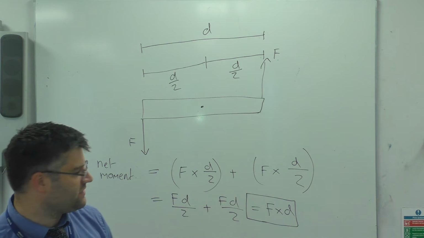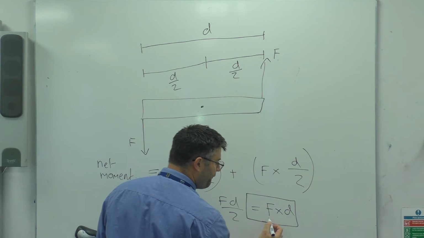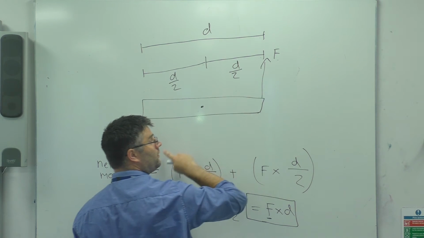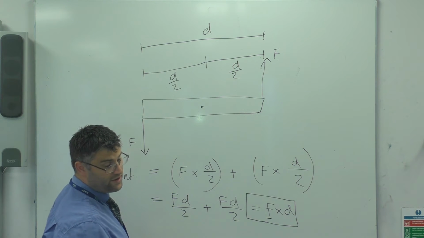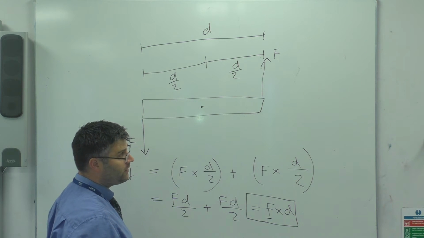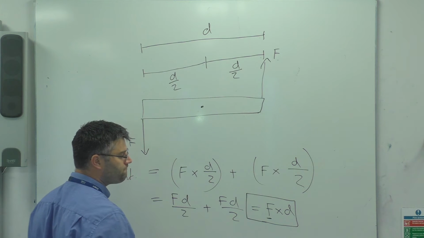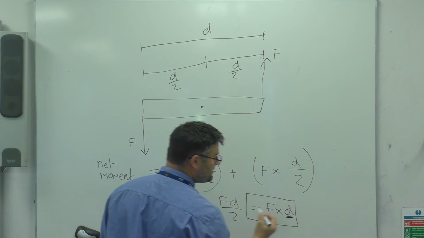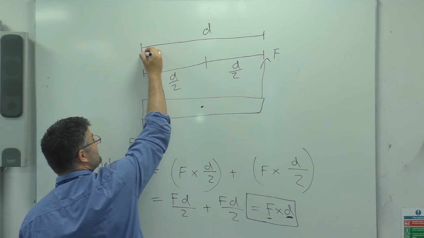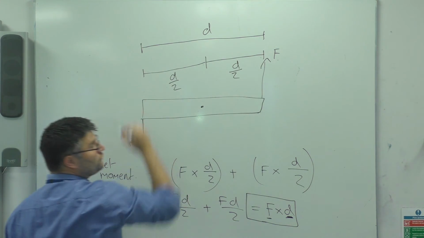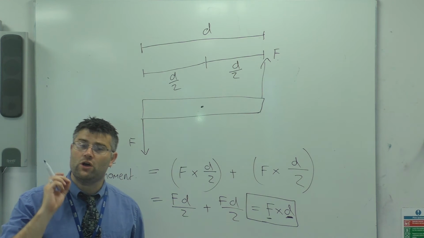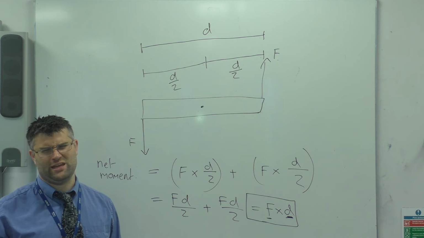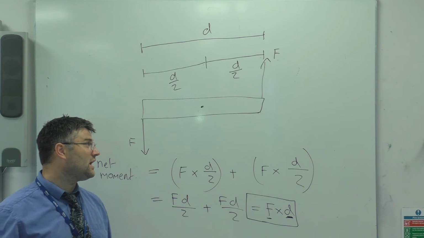Let's go through the key differences. The force is just the force of one of the couple. Remember that to be a couple, they have to be equal and opposite, but parallel. The distance is the distance between the two forces. So we've got some very specific differences here, where with a moment you might think, oh, I need to use all the forces.